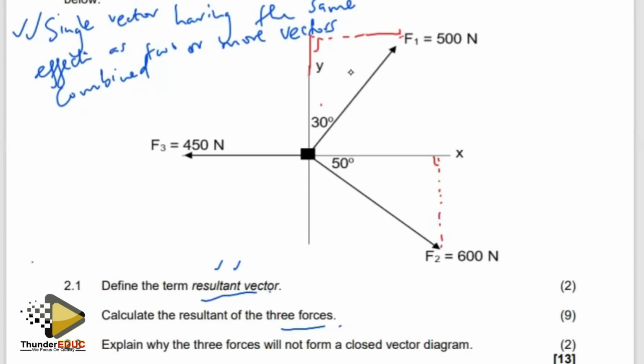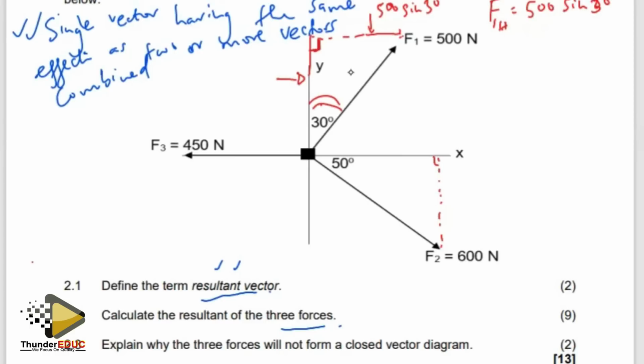Let me look at F1. If I look at the horizontal, F1H, resolving this, if I'm looking at 30, that's going to be 500 sine of 30, the opposite side of the 30. Then this one is the adjacent, which will represent my vertical.